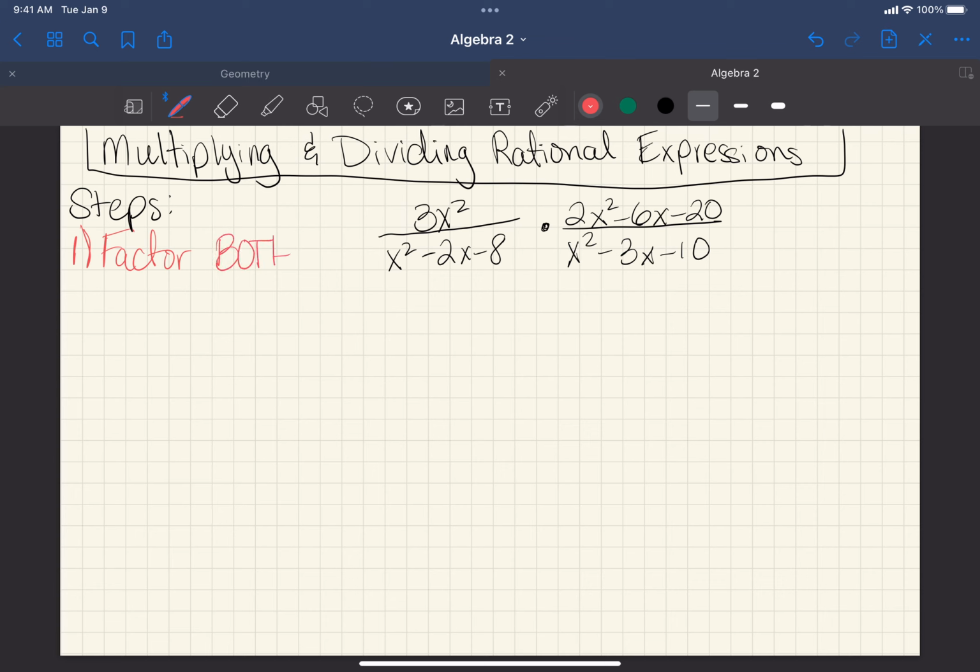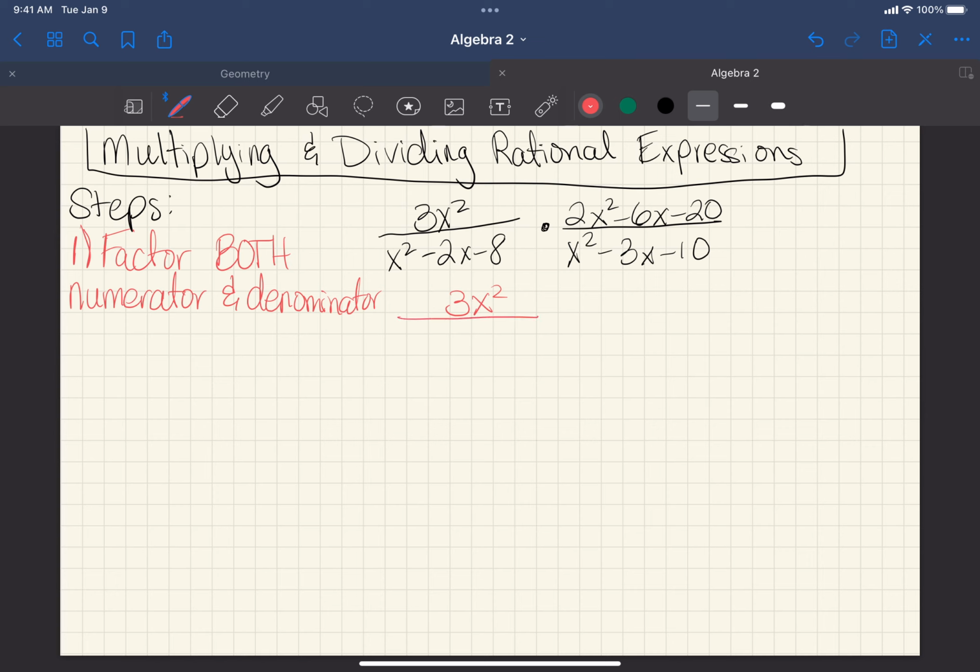In adding and subtracting, we only looked to factor the denominator, but in this case, we're factoring both numerator and denominator. So do my regular factoring. If you need these steps for the factoring, make sure to look through your notes, okay?